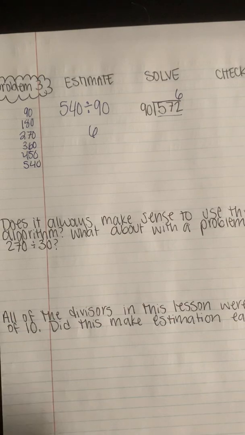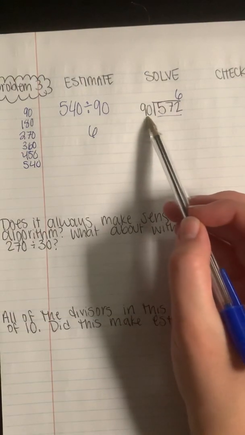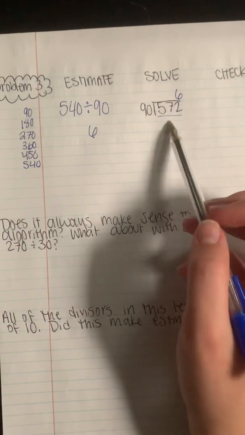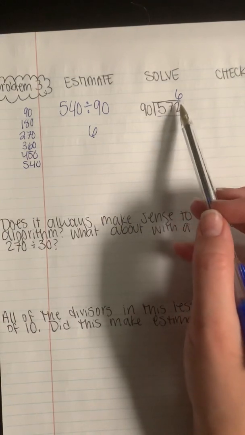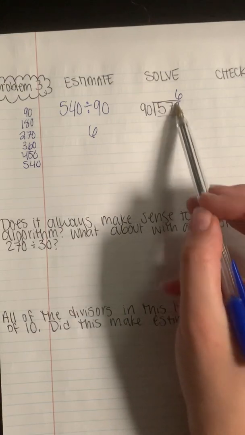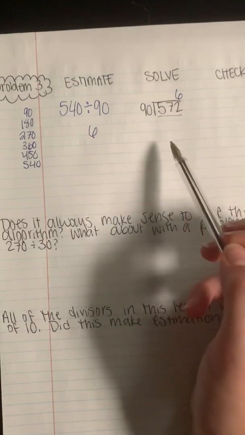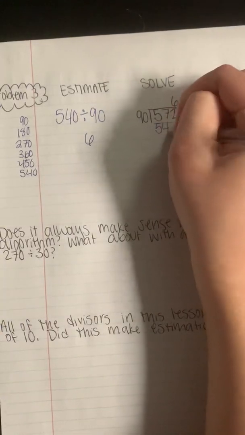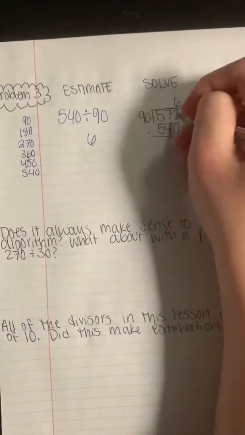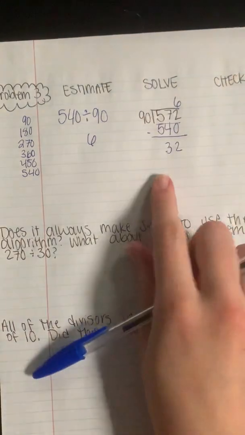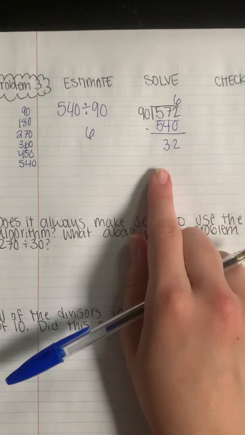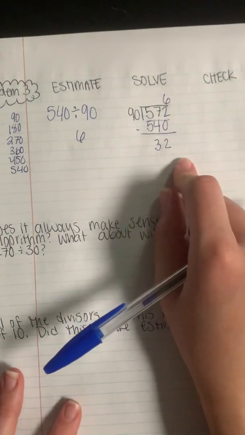So how many 90s are there? Or how many times does 90 go into 572? 6 times, and we record this above the ones place. And how many are remaining? Well, we need to subtract this out. So 9 times 6 is 54. There's a 0 there. And when we subtract, there are 32 remaining. Is this enough to make another 90? No. And there's nothing else for me to bring down.